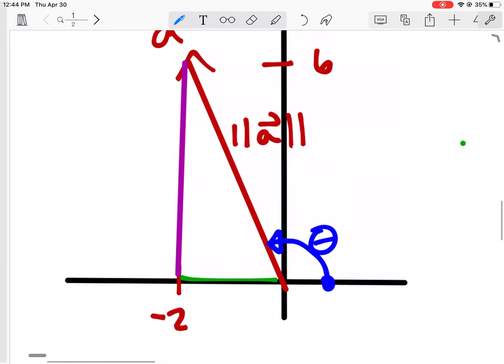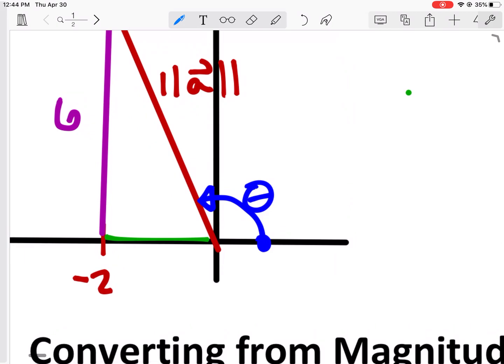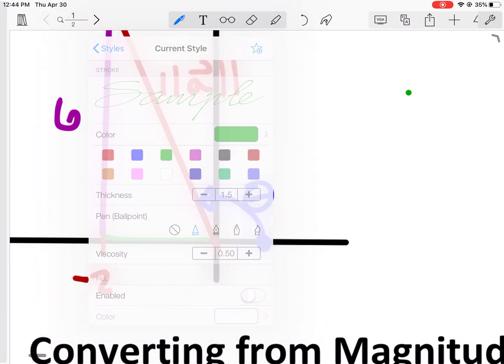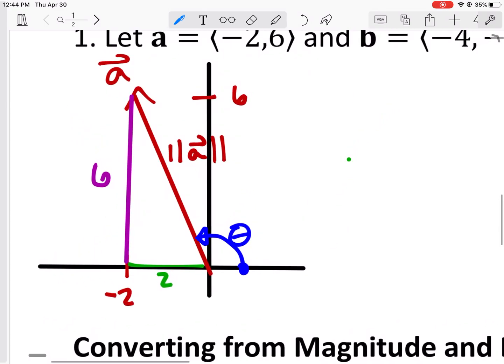And vertically it goes up 6, so it has a length of 6. And yes, it goes to the left too, but the length of that side of the triangle is +2. All lengths are positive. So we'll just use +2 instead of -2 when we're calculating this angle.